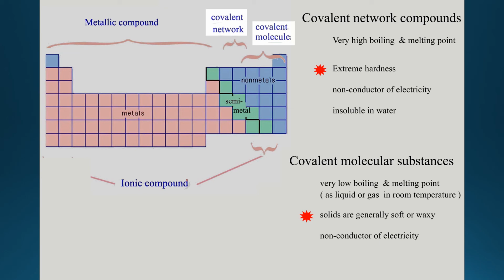The top one, the covalent network, is extremely hard and strong, opposite to the bottom one. Even if you make it into a solid, it is still soft.